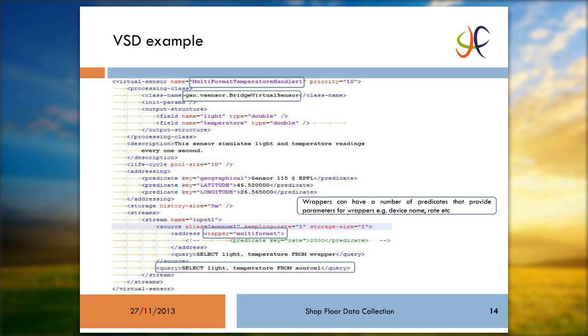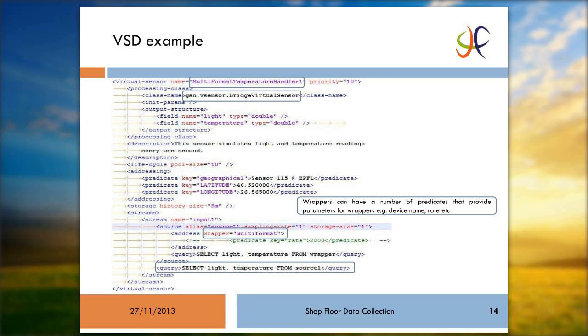For instance, in this one we have a really simple predicate, but in other cases you can use predicates to select the sensor that you will use to collect the data. So in the demo example that we'll be showing, we'll have a predicate that exactly says which sensor you want to use to collect the data.